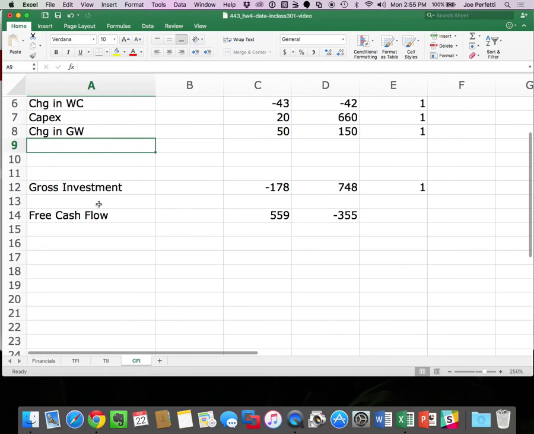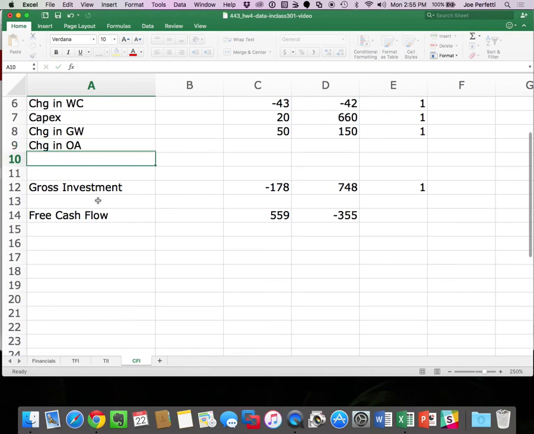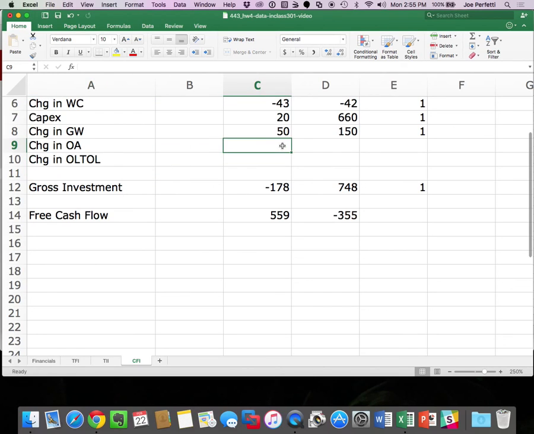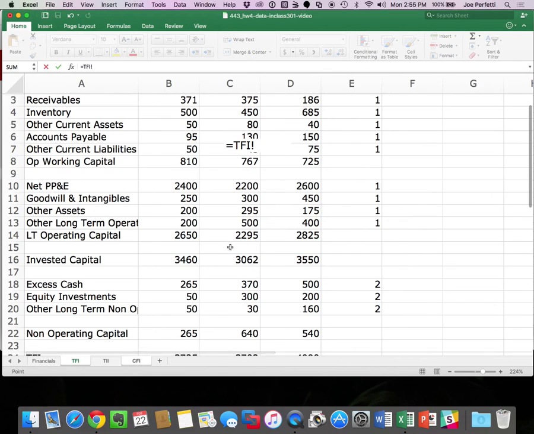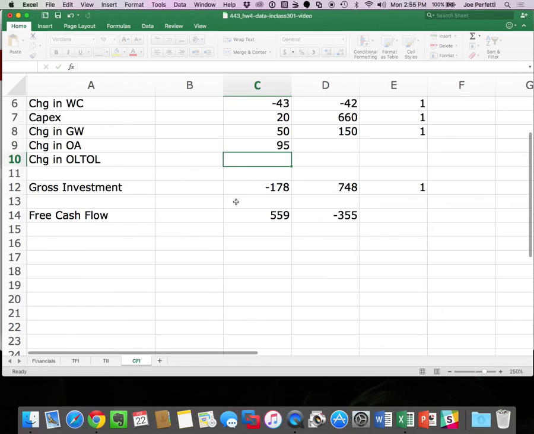So back to this: change in other assets, change in other long-term operating liabilities. My other assets went from 200 to 295, they went up by 95.